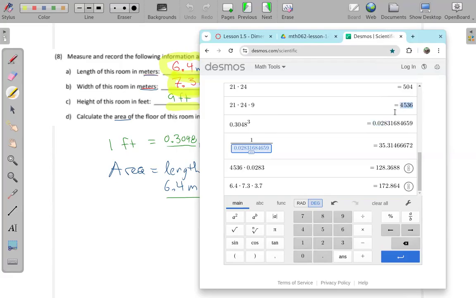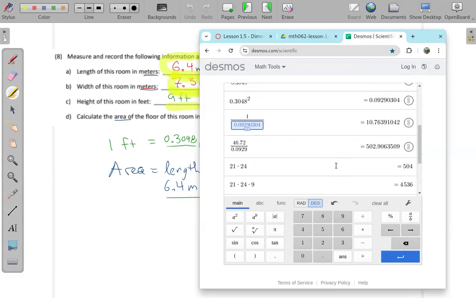So I'm multiplying these two to convert cubic feet to cubic meters. And that says it should be 128. Did I type those right? Yeah. Wow, that rounding error shouldn't be that bad. 172 versus 128. Now, if it was 127, that'd be more like it. So maybe something went wrong up here in those calculations.